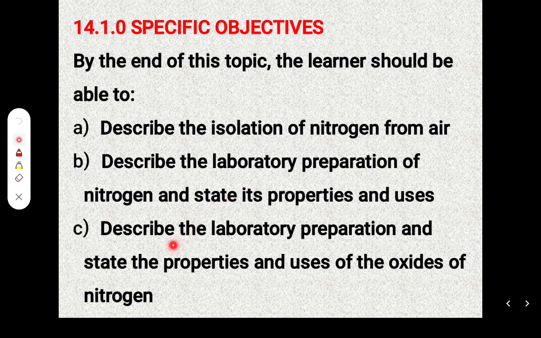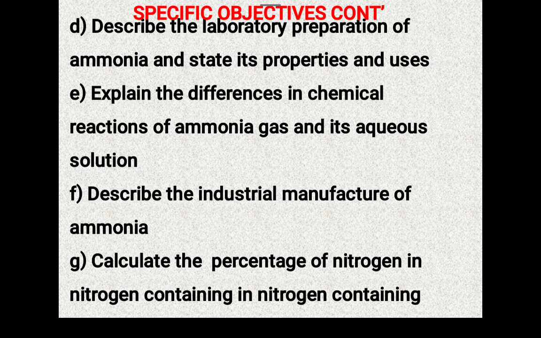And then describe the laboratory preparation and state the properties and uses of oxides of nitrogen. All right, so these are some of the objectives which you need to achieve in this topic.